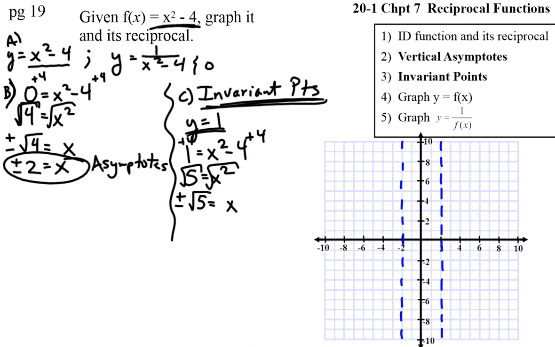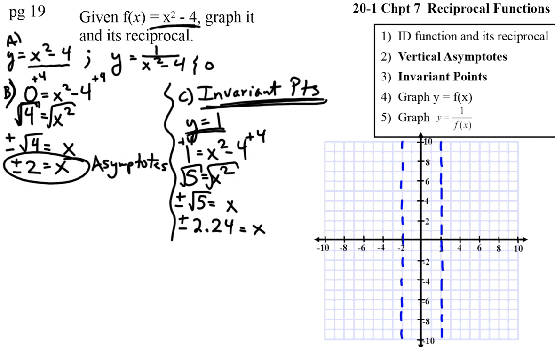Now we need to put these points on a graph, so having a decimal equivalent will be helpful. If we use our calculator, we're going to get positive and negative root 5, which is positive and negative 2.24 roughly. So about 2 1/4. We're not going to be perfect on our graph, but it'll be close.